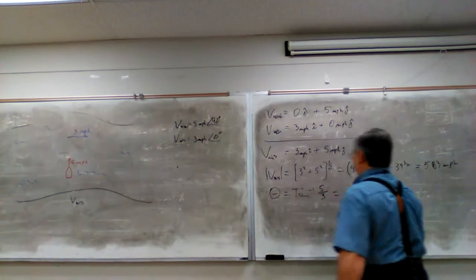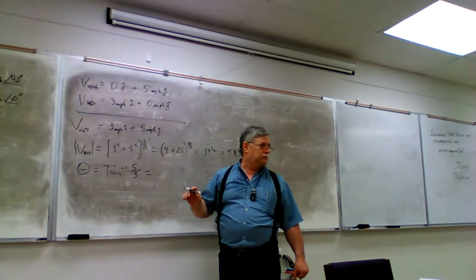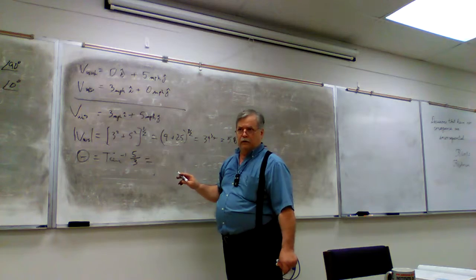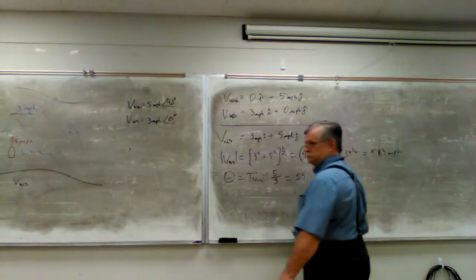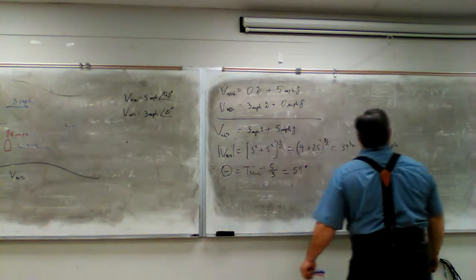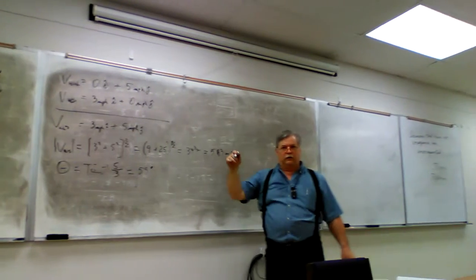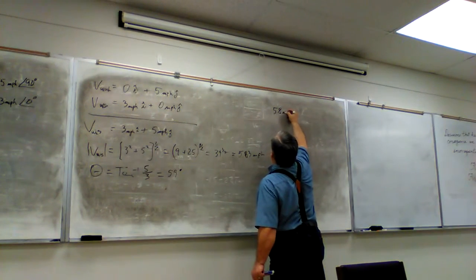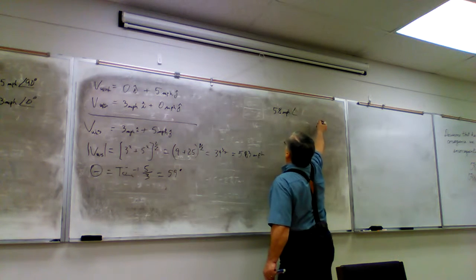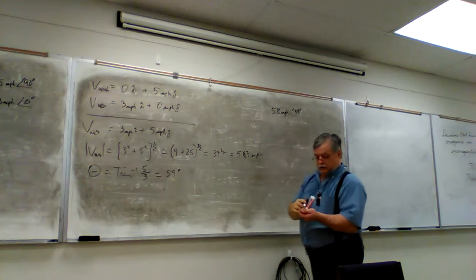Very good. And that gives us, making certain you're in degree mode, 59 degrees. So the relative velocity of the boat to the shore is 5.8 miles per hour at an angle of 59 degrees.